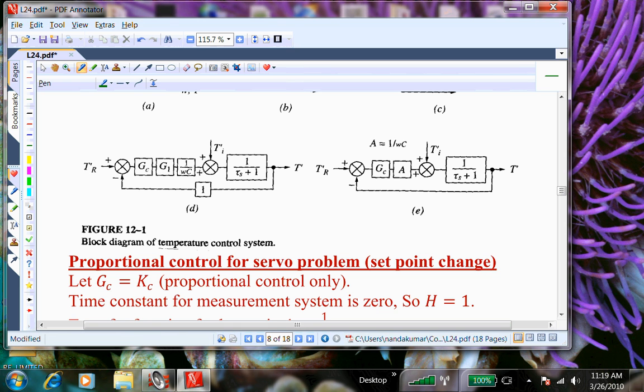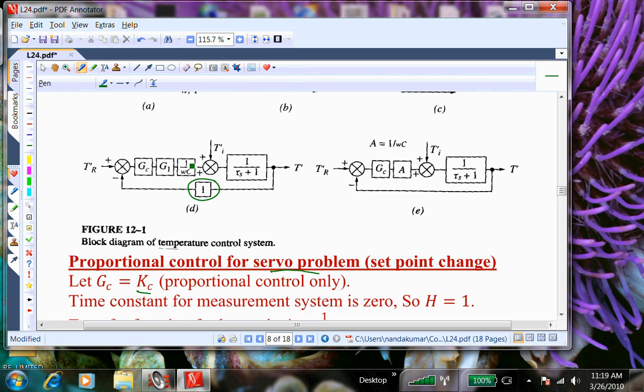Okay, so proportional control for a servo problem. It is sometimes called a set point change, or basically you are tracking a change in the set point. So that's called a servo problem, and we're looking at only a proportional change. And the time constant for the measurement is 0. Time constant 0, so the measurement transfer function is just 1.